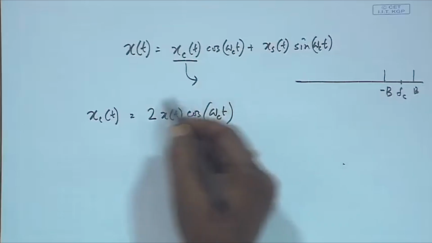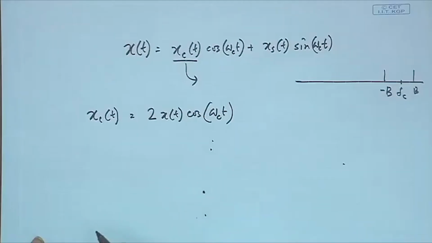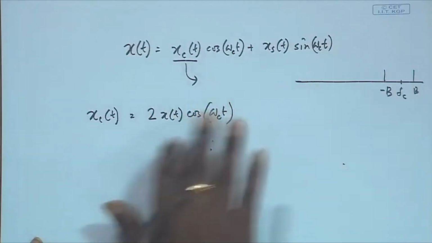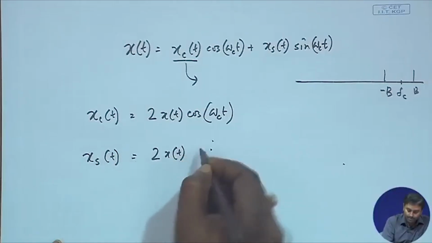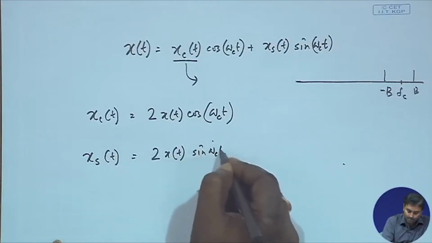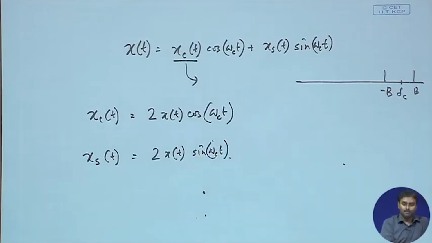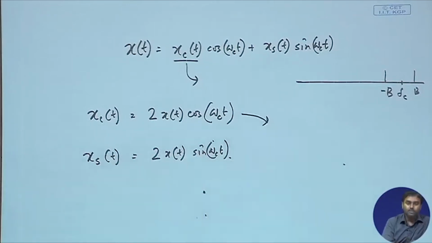So, it remains this, only we have to make sure that it is within that band minus b to plus b. So, that is actually x c t, which is the low pass equivalent. Of course, it has to be passed through an ideal low pass filter, and x s t similarly should be 2 into x t sin omega c t, right.